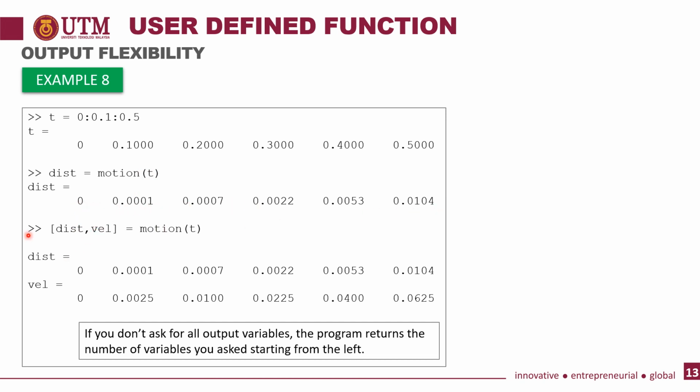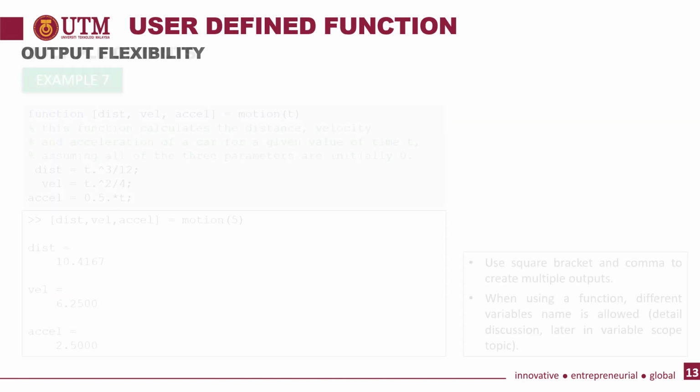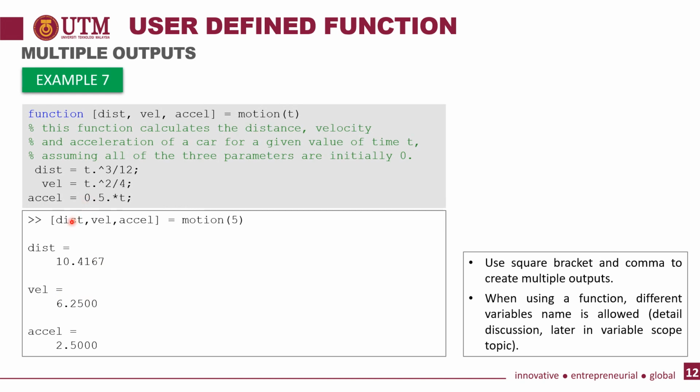Then if we initialize variables called distance, velocity, and we call the function motion and put t as our input, it will return distance and velocity. If we take a look at the function output, we have 3. But we can call fewer than 3 outputs, though we cannot call more than 3.